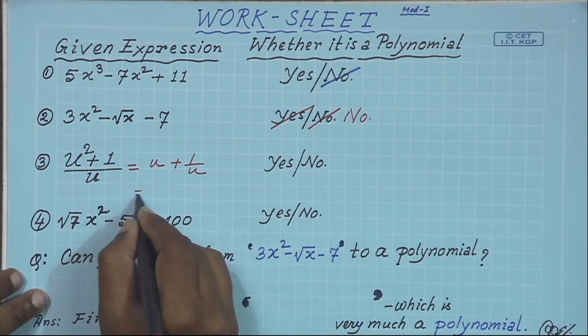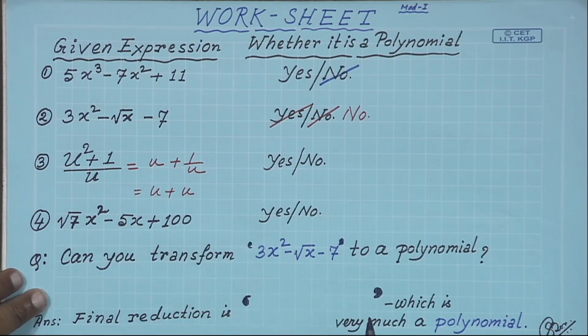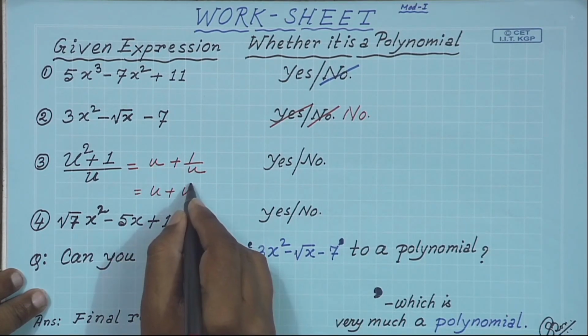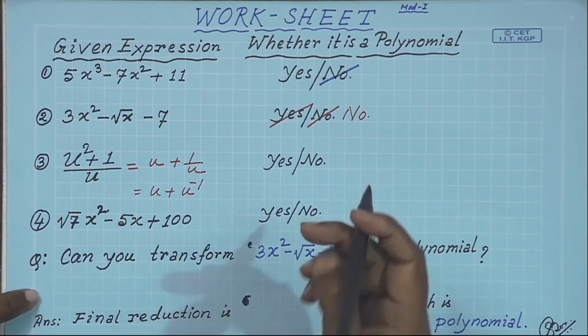If we write 1 by u in this manner, it is u to the power minus 1. If it was written as 1 by root u, then it would be u to the power minus half. But since it is minus 1, which does not belong to the set of whole numbers, that is why it is not a polynomial.